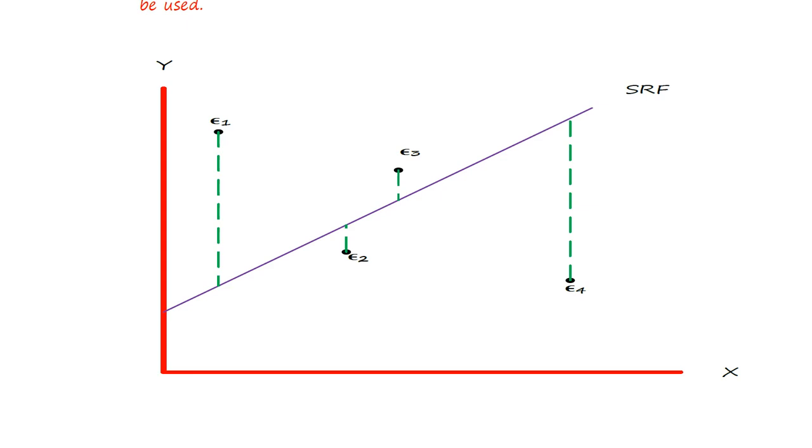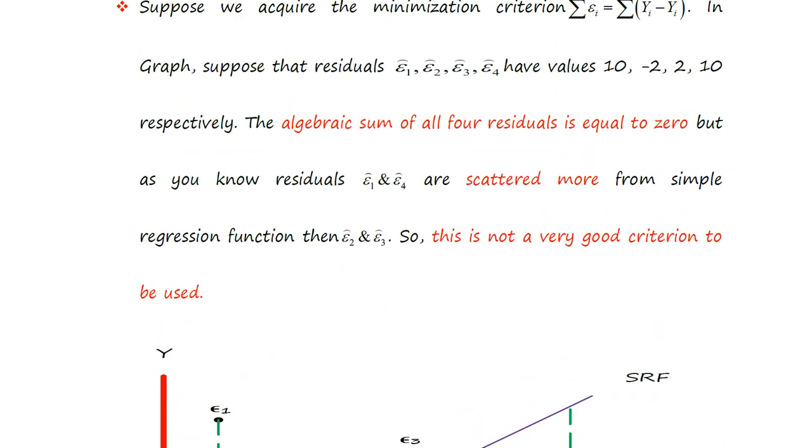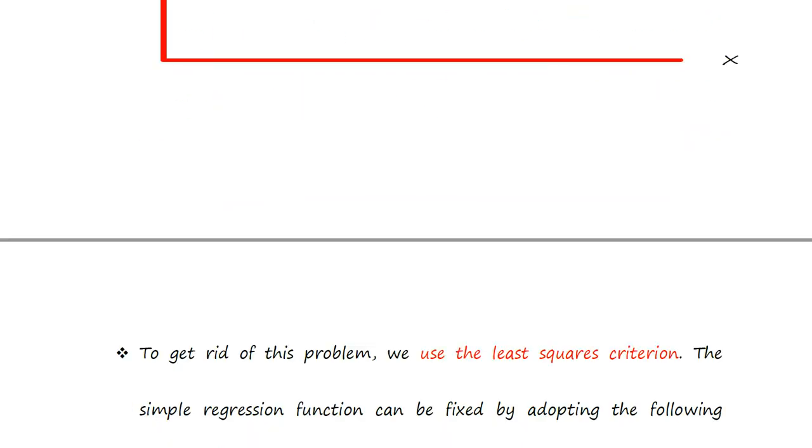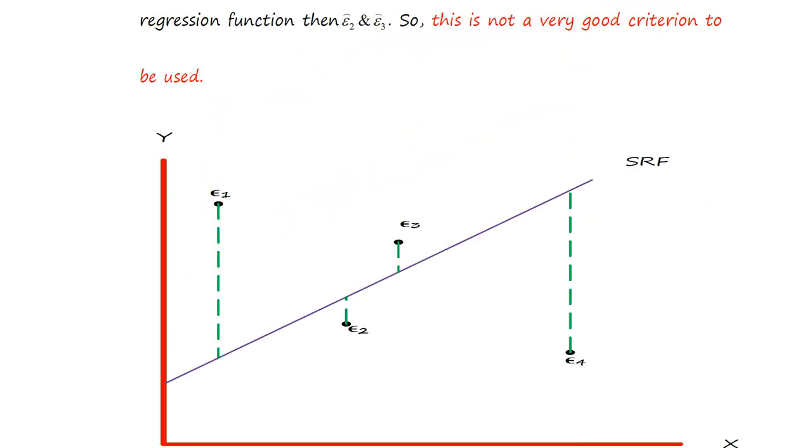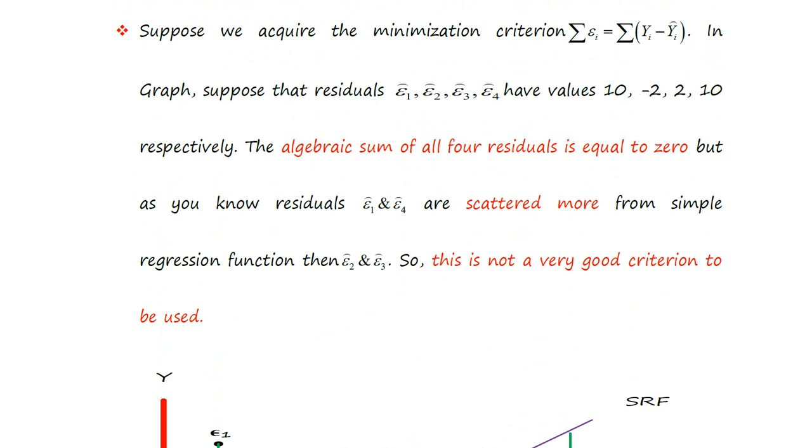But as we know from the graph, the first and fourth error terms are too far from the straight line as compared to epsilon 2 and epsilon 3.